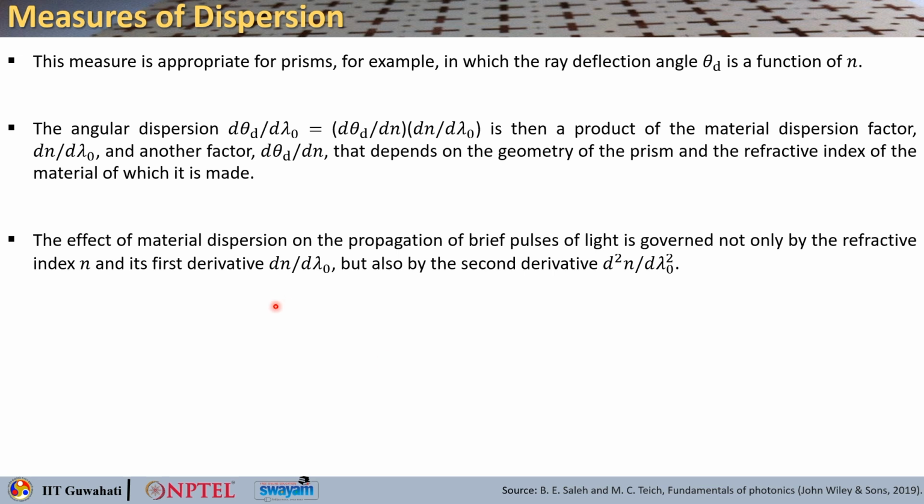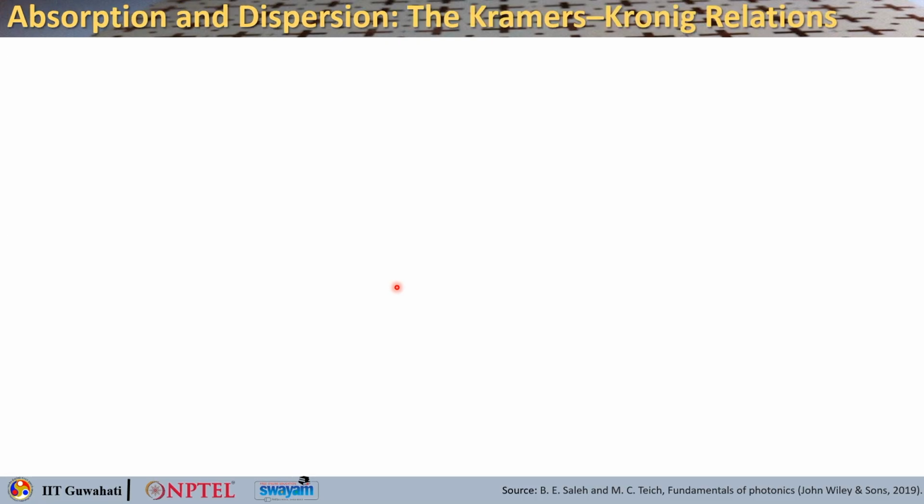Dispersion means the refractive index is dependent on the wavelength, and when your pulse is very brief, its propagation is governed by the refractive index n, its first derivative and also its second derivative with respect to lambda naught.